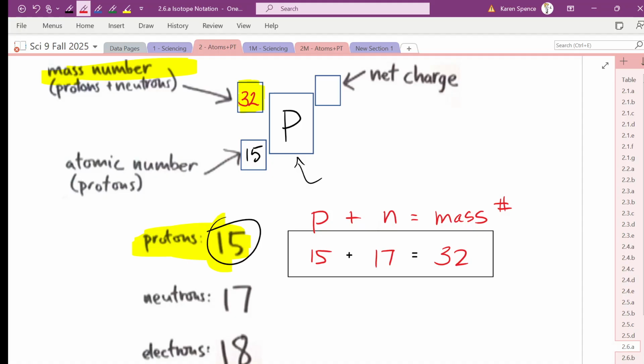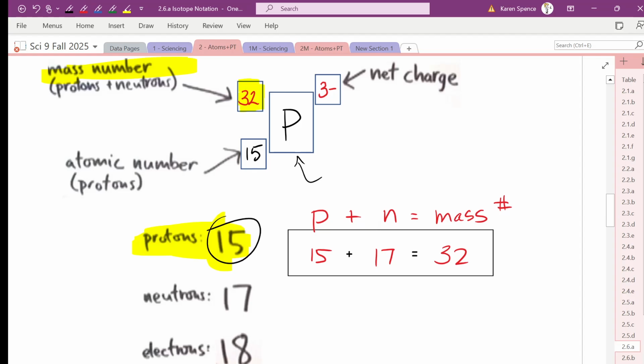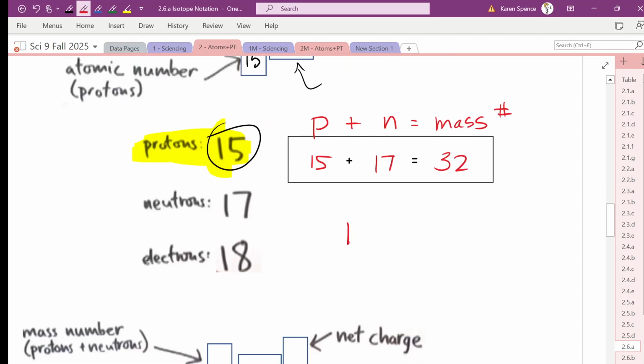And our net charge, Matthew. 3 minus. How did you get that? Yeah, we have the electrons minus the number of protons. So we have 18 minus 15, which is 3.